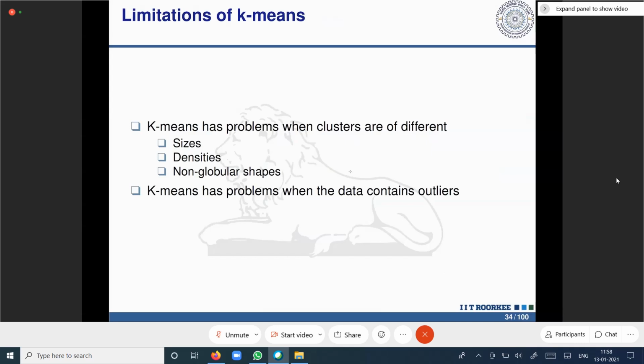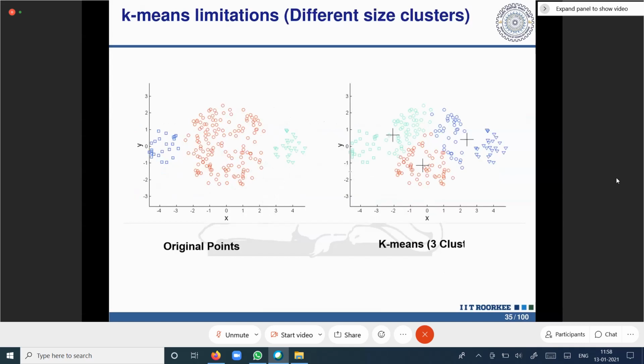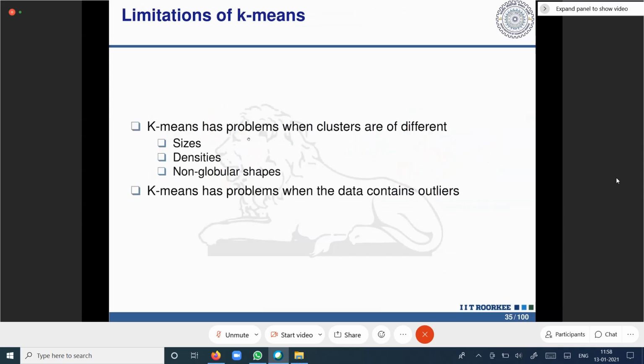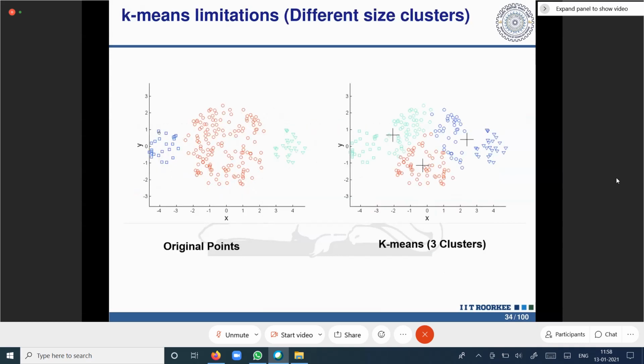Also, if the data has some outliers or anomalies, then the k-means algorithm does not perform well, because those anomalies would be assigned to one of the clusters, but they are very far away from the centroid. So for example, let's say you have these original points here, green, blue squares, red circles, and green triangles.